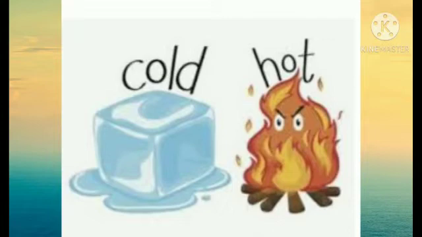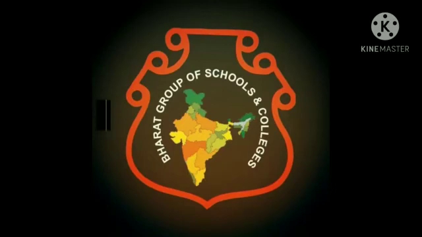This means that the kinetic energy of atoms in the cold object goes on increasing while that in the hot object goes on decreasing. A time comes when the average kinetic energies of atoms in both objects become equal, which means that the temperatures of both objects become equal.